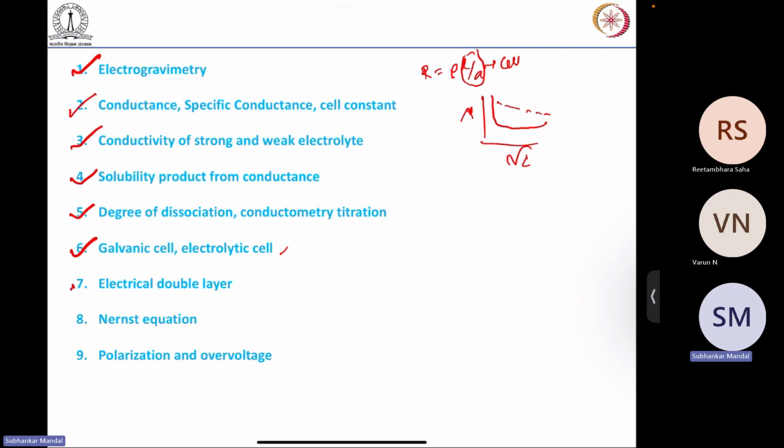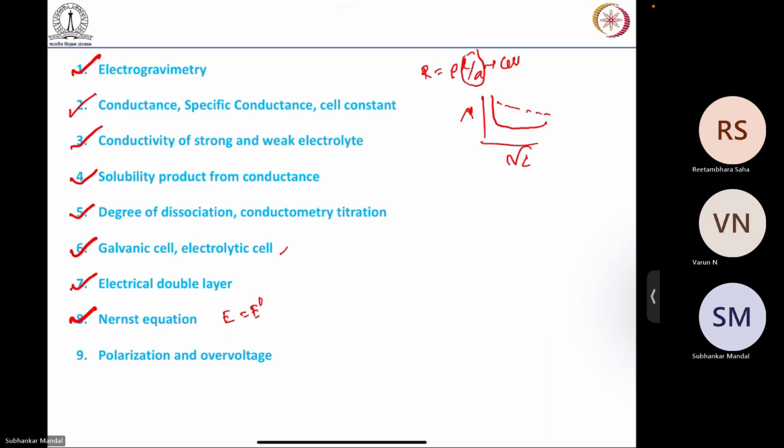Then we discussed the electrical double layer, where near the electrode surface opposite charge is compactly situated, and as you go far from the electrode surface, positive and negative charges are equally distributed.